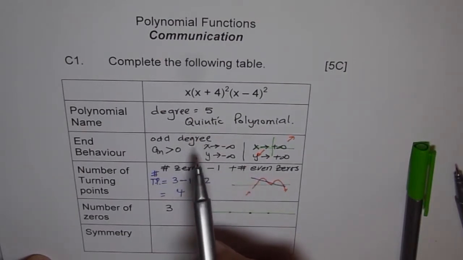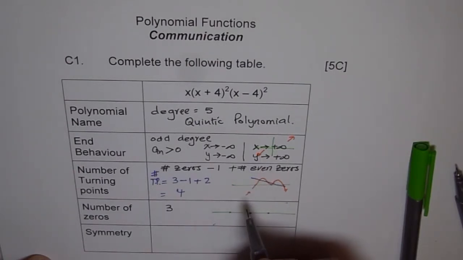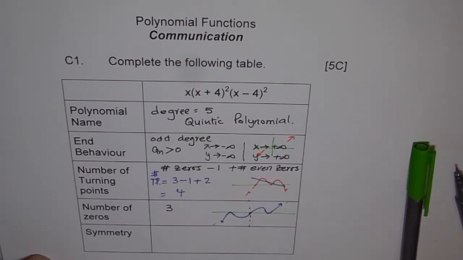End behavior is from here to here, correct? Now since this is even, when we go through this 0, we'll cross it, and here we'll go straight, right? And here we'll again cross. So our graph is like this. Do you see that? And this function will be symmetric about y-axis, and therefore it is also even.